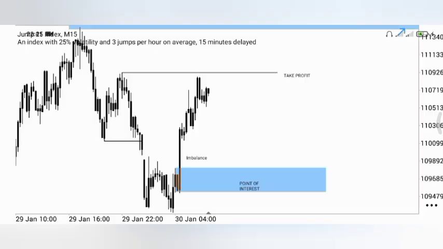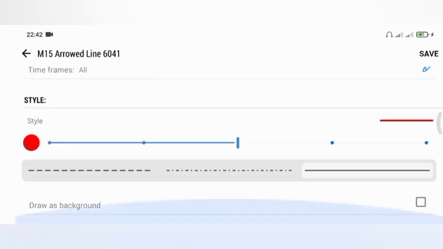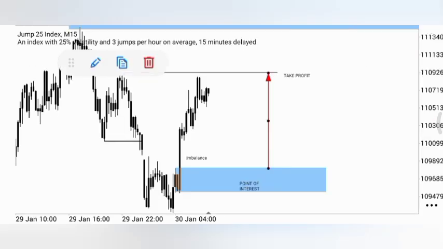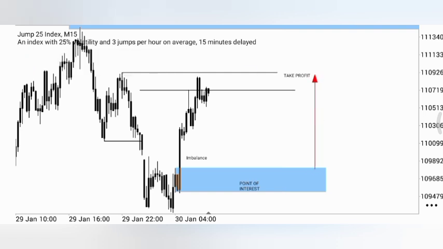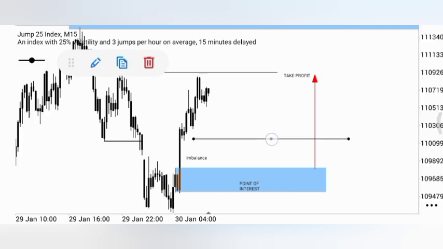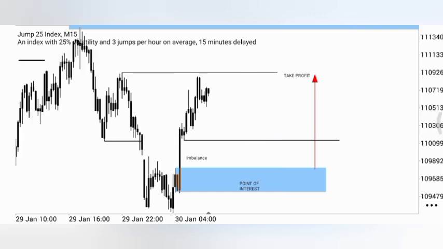Also, I'll just get this arrow and point it towards this, and this is our inducement.